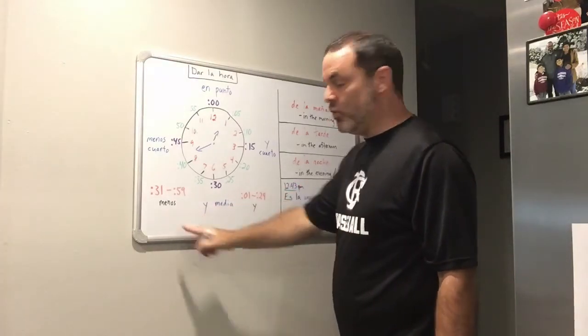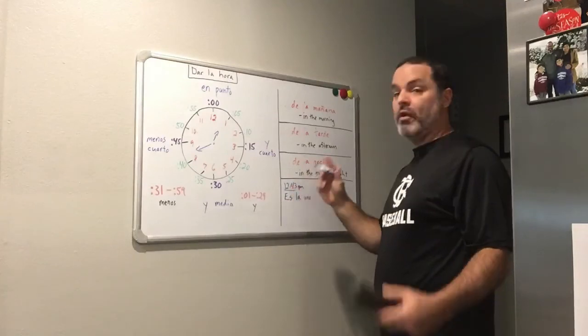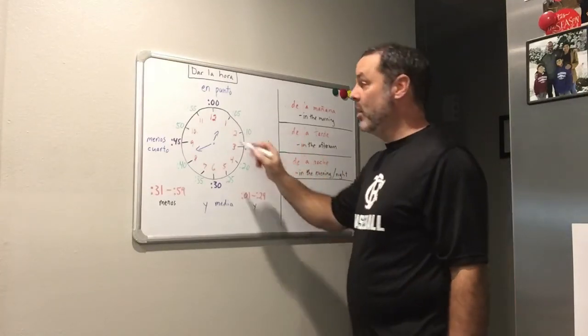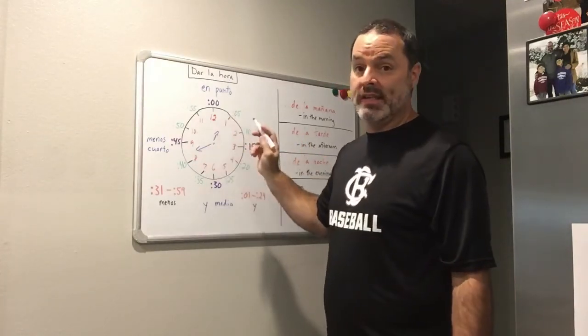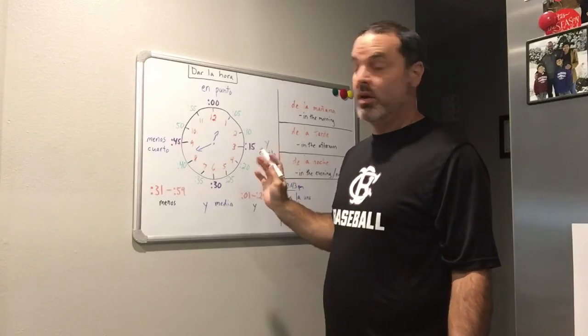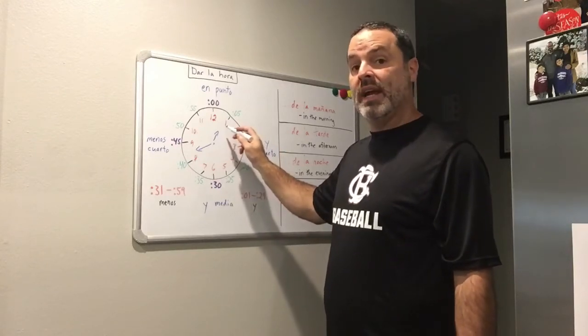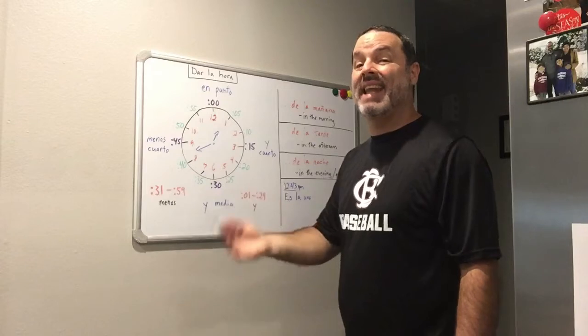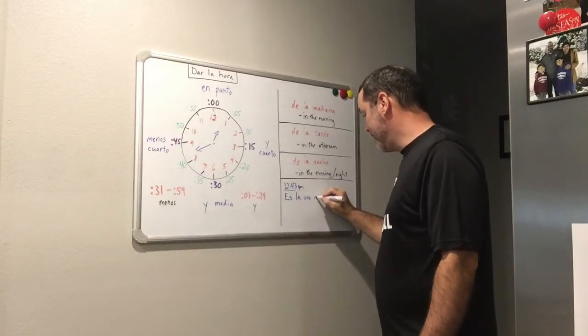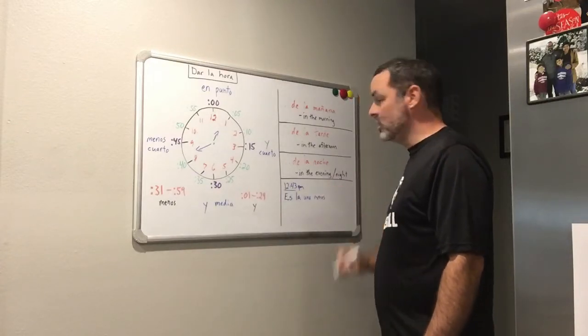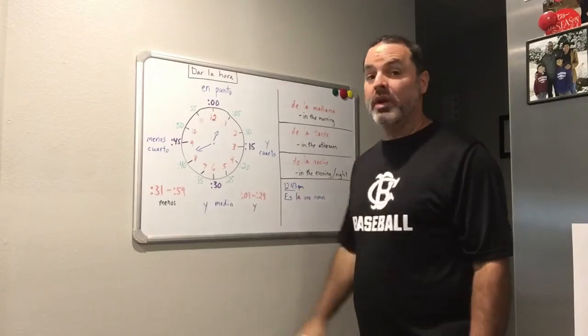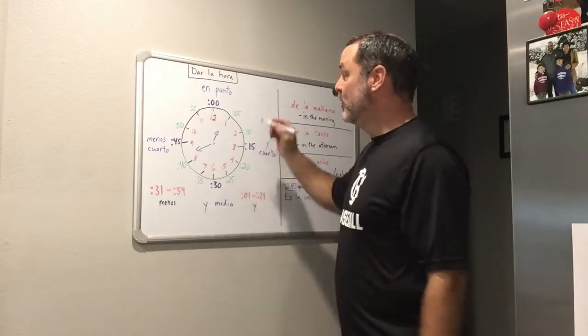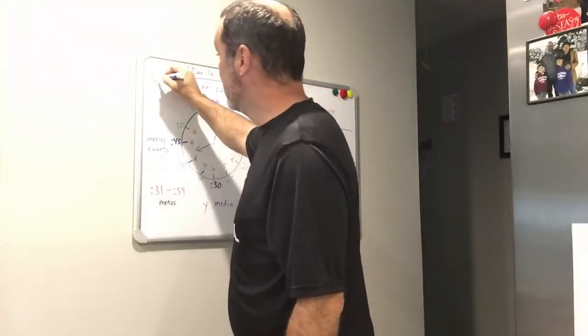I see I need menos, so I go to 12. Okay, I need to bump up to the next hour. On a clock, we don't go to 13. We're not doing military time here. So we would go to the 1. That would be the next hour. So we're going to say es la una menos. Okay, so it's 43. We have to subtract 43 from 60, right?